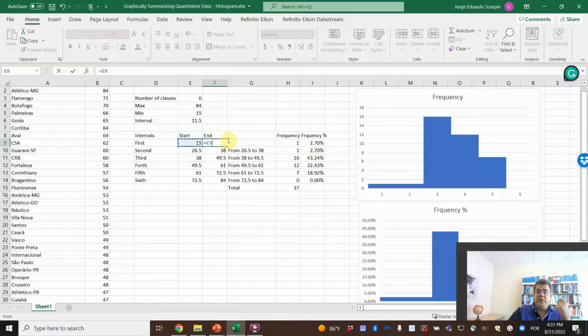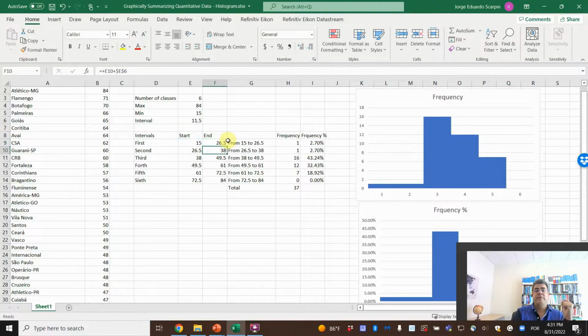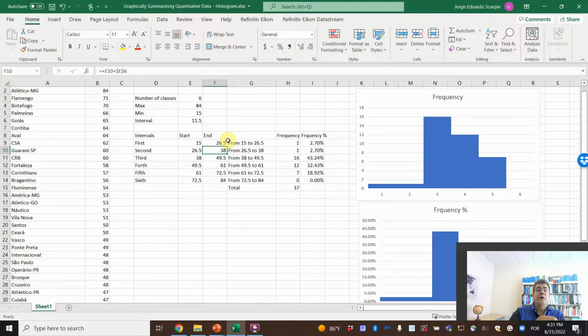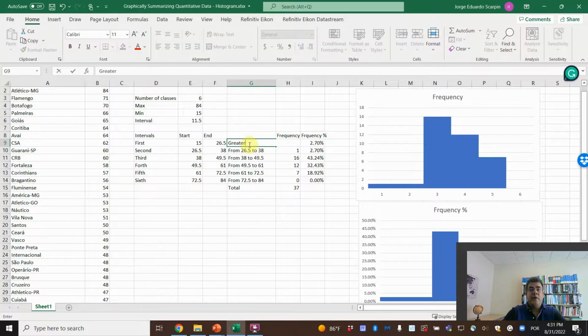Then the end is 15 plus 11.5. So here we are, and then the second starts on 26.5 and ends on 26.5 plus 11.5, and so on. So our classes are greater than 15. And how do we do that?